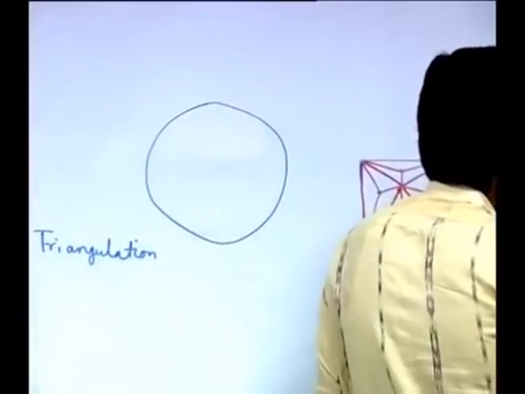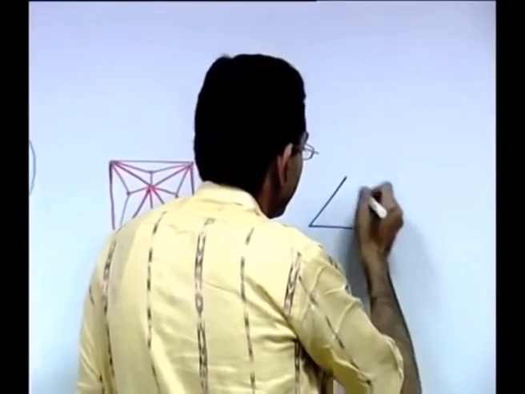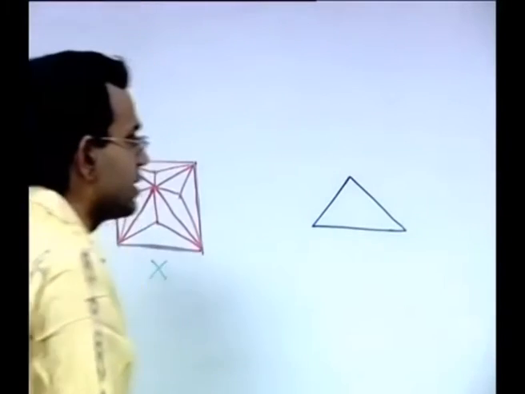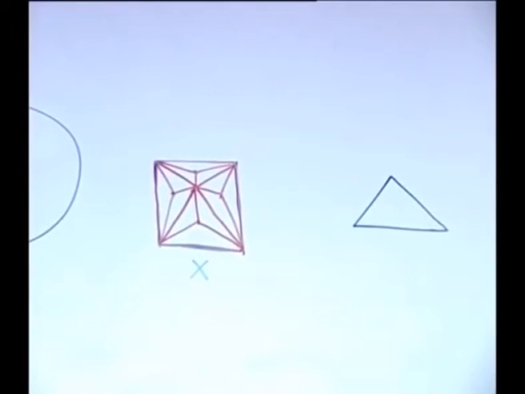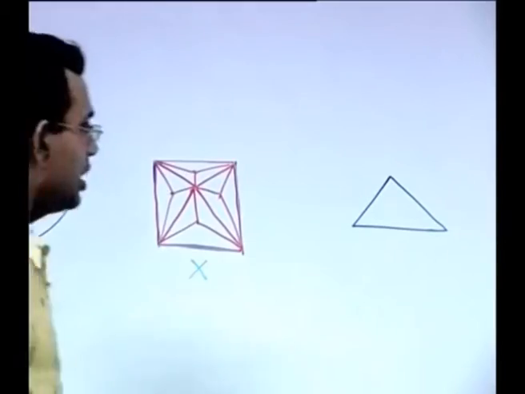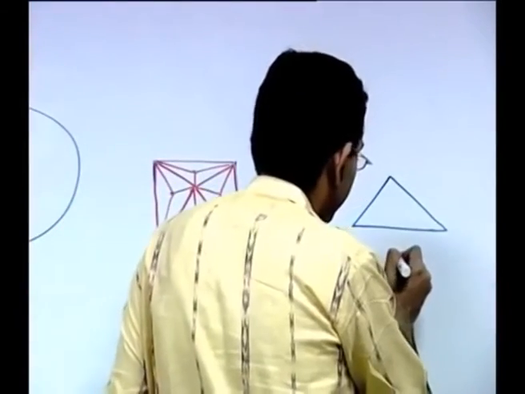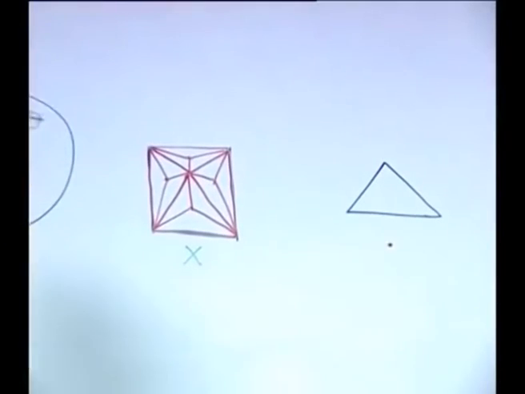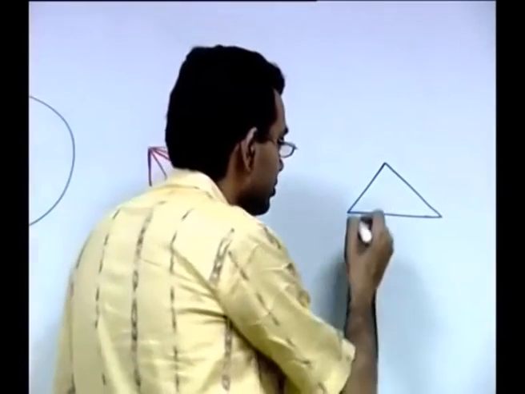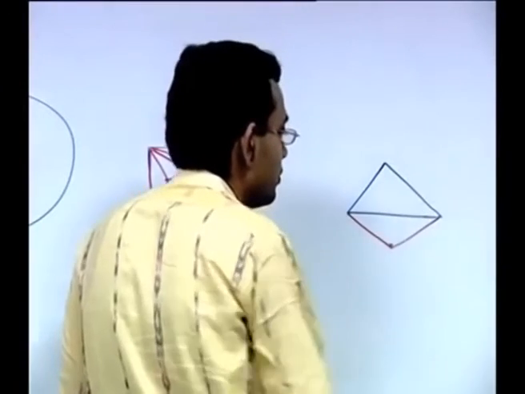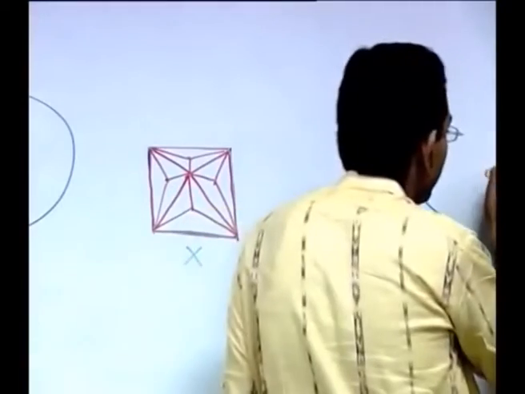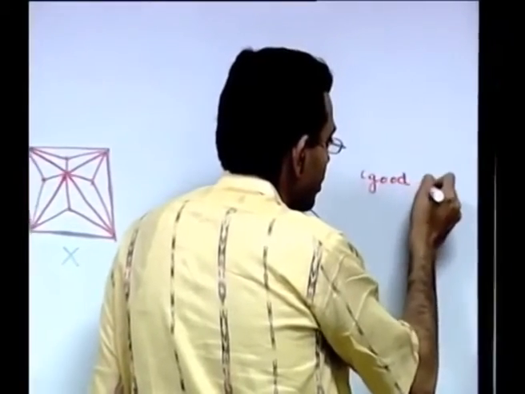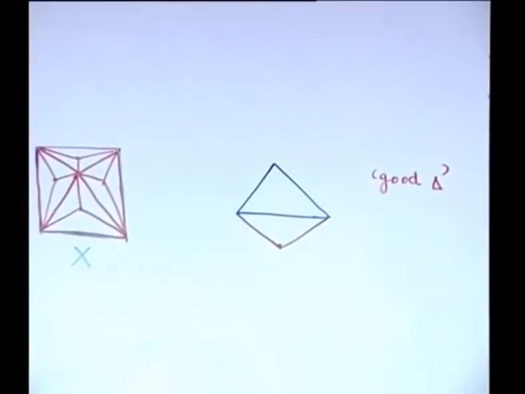So, let us say that you have already a triangle like this, which you assume is a good quality triangle. Your next objective is to insert a point so that you can generate a new triangle. Given an existing good triangle, we will later see what is a good triangle or a bad triangle.